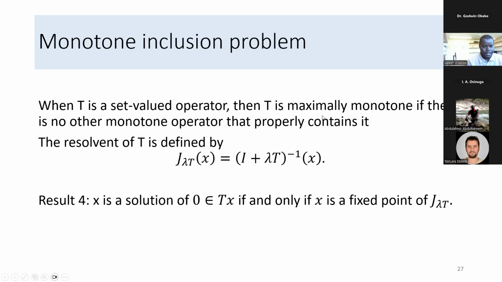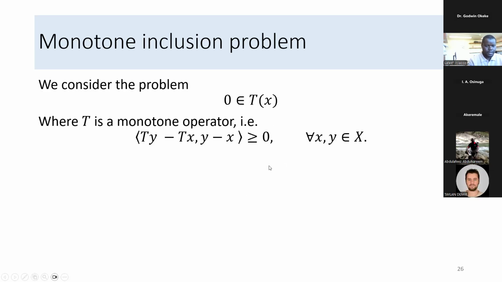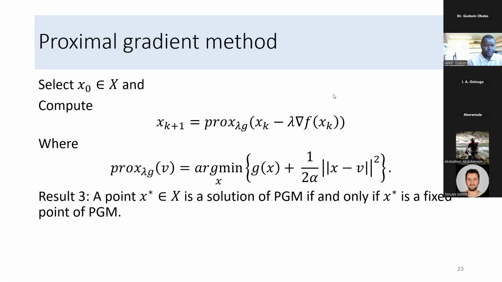A simple example of that is the forward-backward method, which is the proximal gradient method. This leads into what we have here, which we call the resolvent operator. The proximal operator defined here becomes the resolvent of the monotone operator.